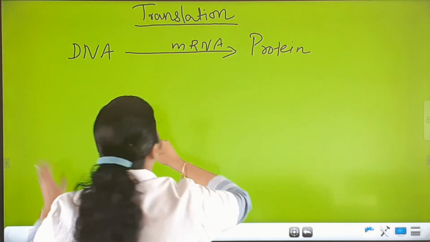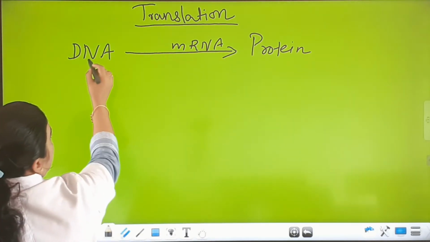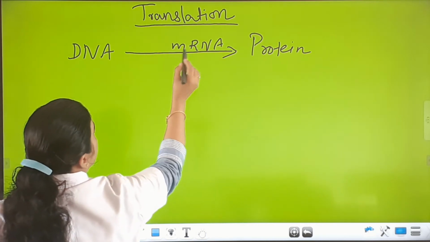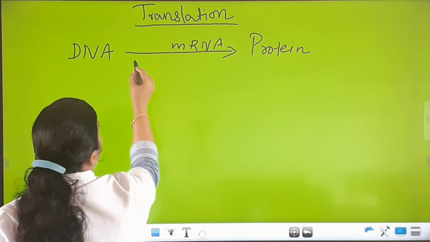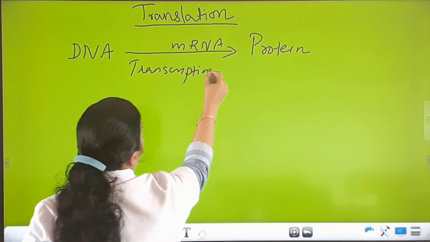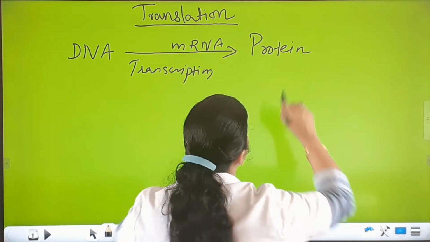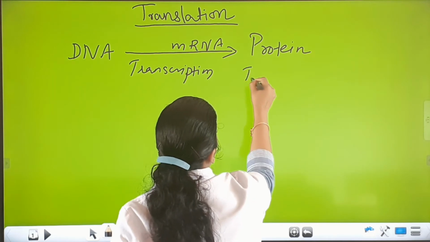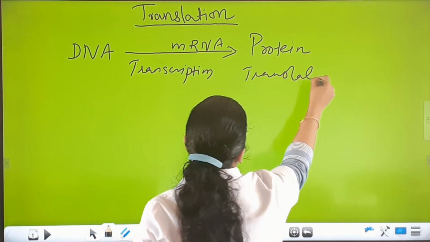The DNA transmits genetic information to form mRNA. That process is called transcription, and the process of synthesis of proteins from mRNA is called translation.